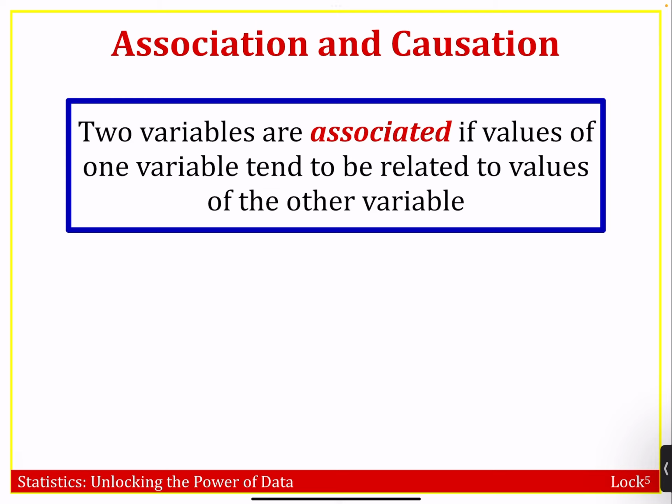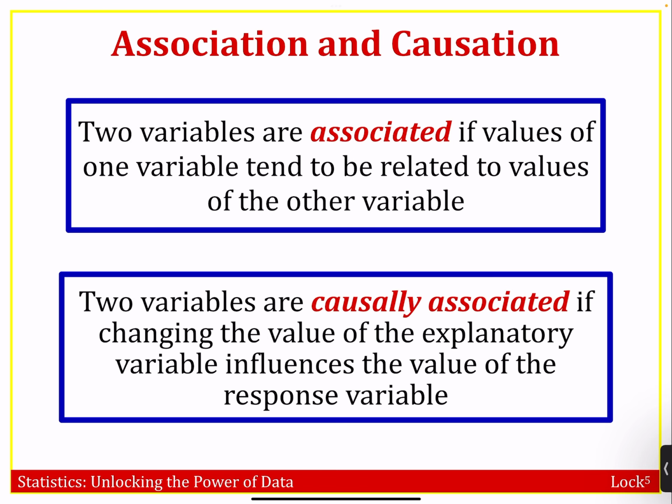All right, so now let's turn our attention to the topic of the day, which is association and causation. Two variables are associated if the values of one variable tend to be related to the values of the other variable, or if they kind of move the same. We'll take a look at some examples.